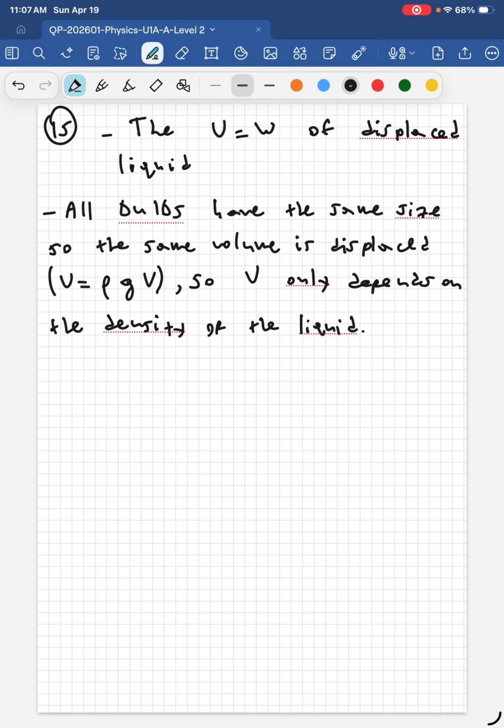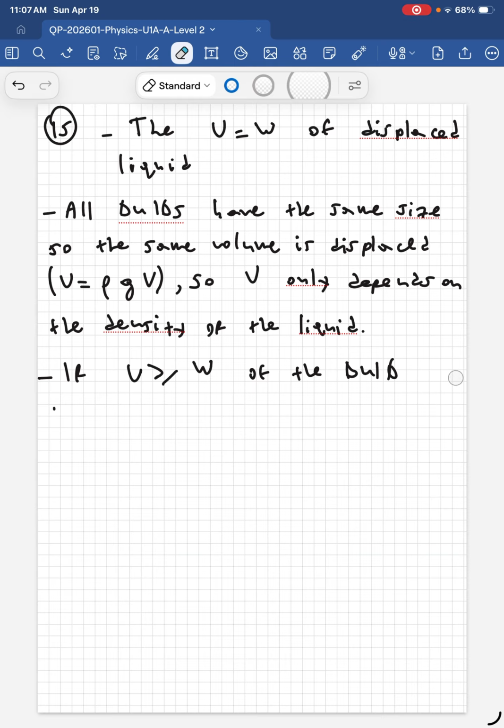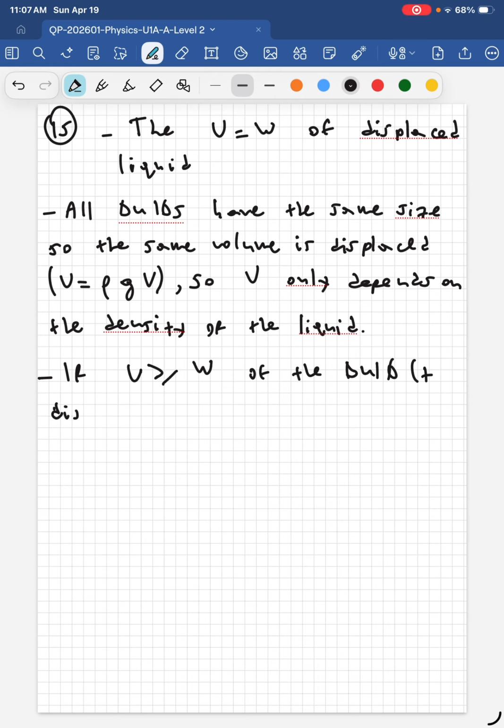If the upthrust is larger than or equal to the weight of the bulb, and remember there is a disc plus the bulb, the bulb floats.